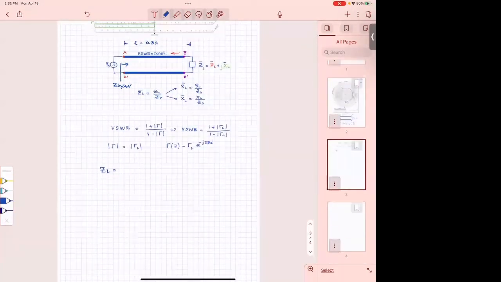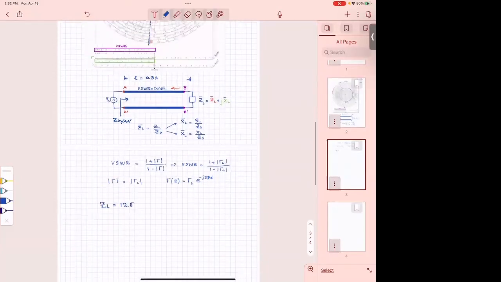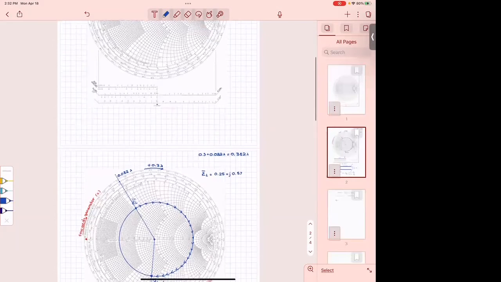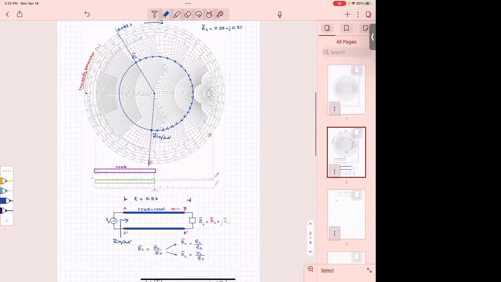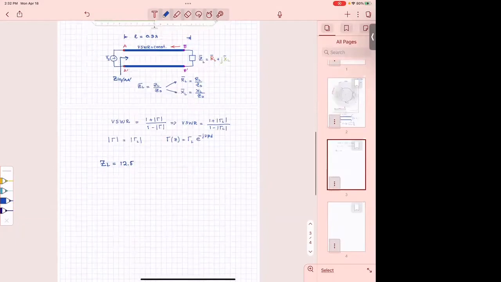How much is that? 12.5. Plus 50 times almost 0.57, which is about 28. Let's do this, right? And I will put 12.5. Yeah, okay, 12.5 is good.